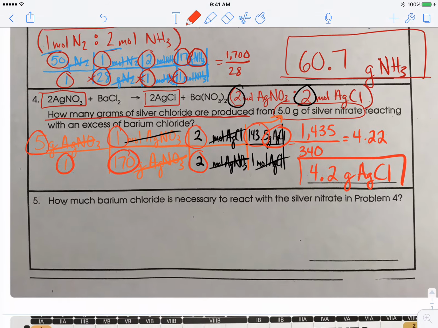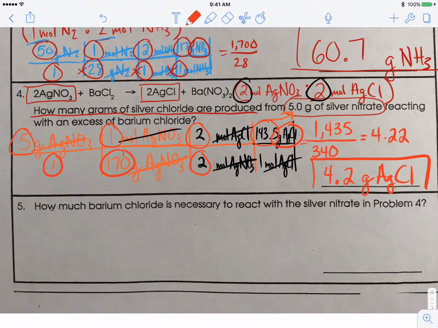Okay, very last one, I'll let you go. Number 5 is asking how much barium chloride is necessary to react with the silver nitrate. So we're going to again use the reaction that was in number 4. So barium chloride is BaCl2. So I'm going to write that right here.